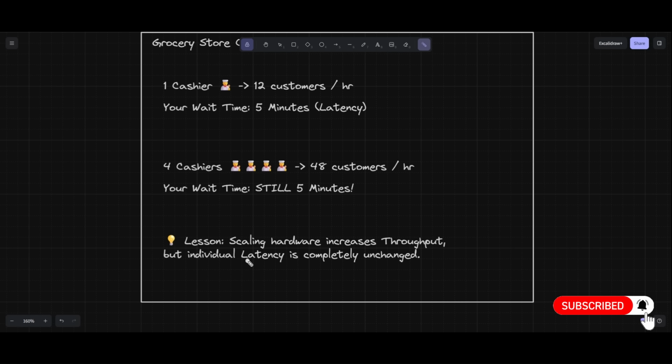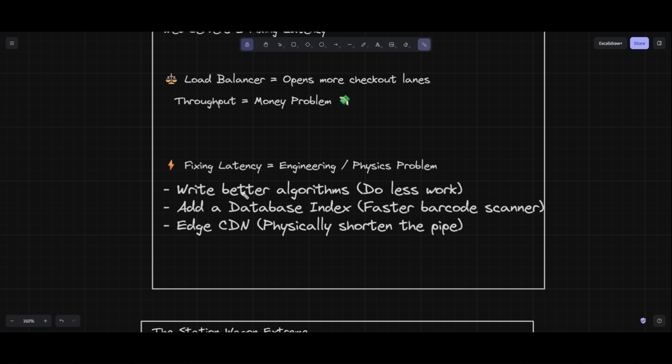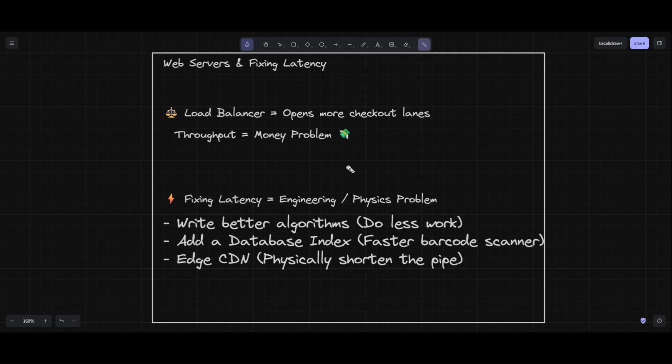And this is exactly what happens when you have a web server. Let's say you have a Node.js server or a Python server, right? And a user makes an API request, and it takes 100 milliseconds to fetch from the database and return the JSON. If suddenly you get a huge spike in traffic, right, what do? You add more servers behind a load balancer.